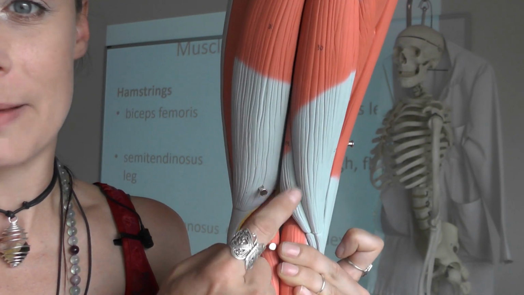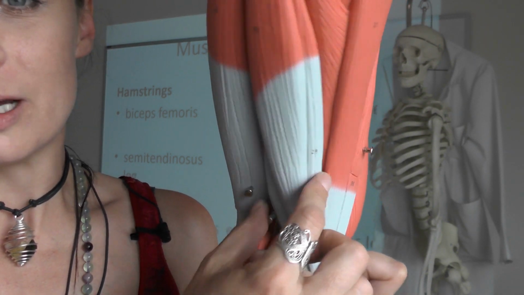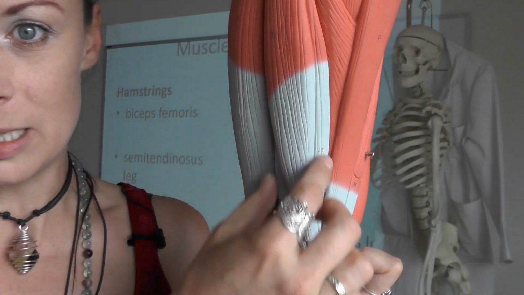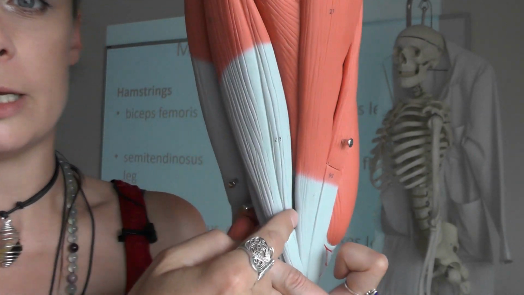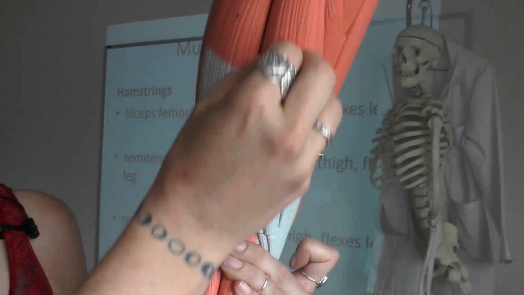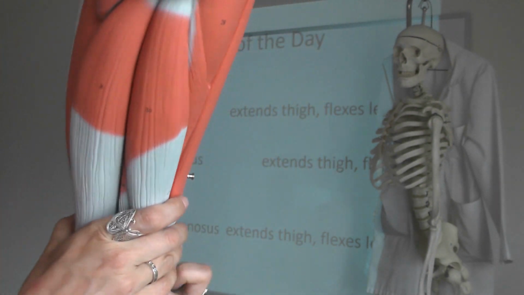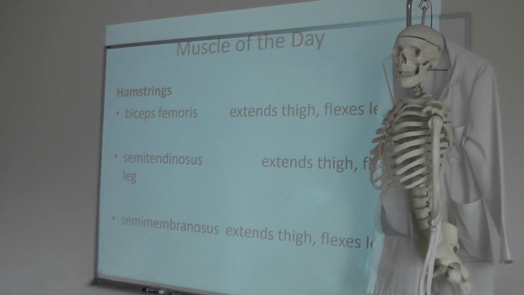So if you were going to be tested on semimembranosus, a lot of times you might see a marker here. But a marker here is good. Both of these are fine: you can see on either side of semitendinosus is semimembranosus. Semimembranosus, most medial. Biceps femoris, most lateral. Semitendinosus right here. So these 3 muscles are the hamstrings, and those are leg flexors and thigh extensors.